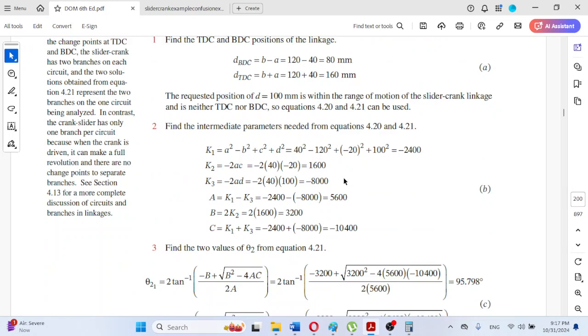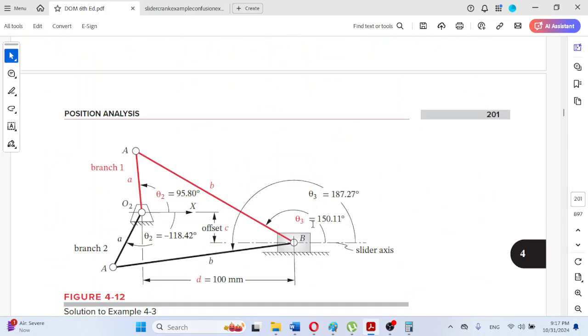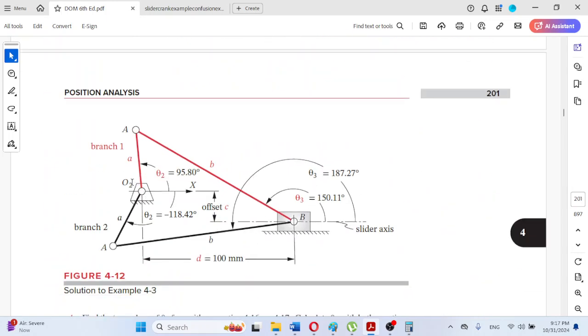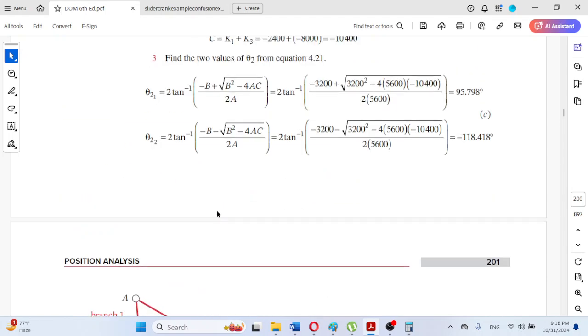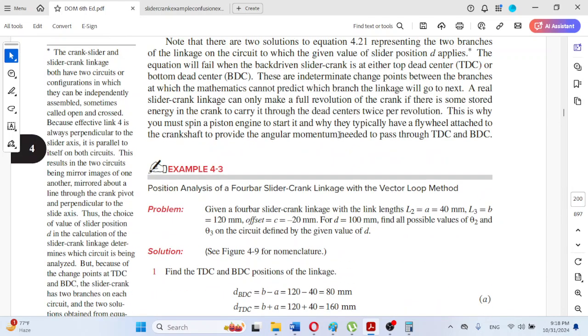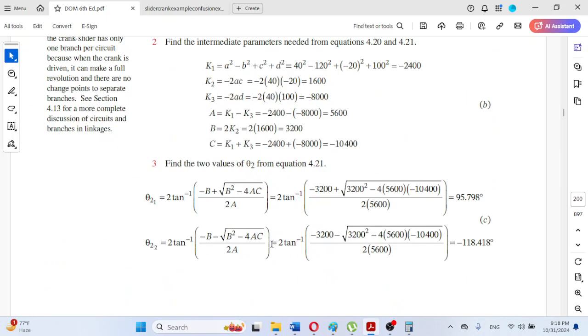Remember that the origin of the coordinate system is always at the crank grounded pivot, O2, with the y-axis upward positive and the x-axis right positive, and the x-axis is also shown here. So the offset is in the negative direction, because it is shown as minus 20 millimeter.